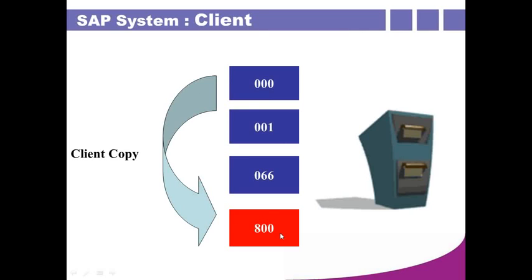So whatever they corrupted will be deleted, and new data from 100 will be copied. In that kind of situation we do client copies. But from the business point of view, for development, quality and production systems, it is a one-time activity only, during implementation.